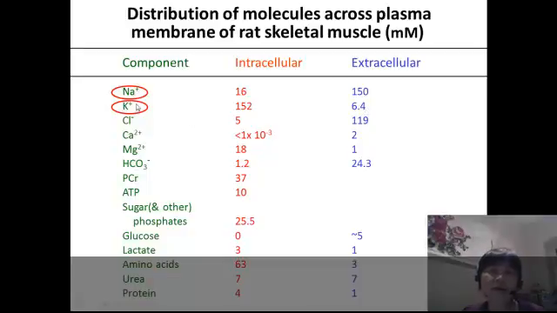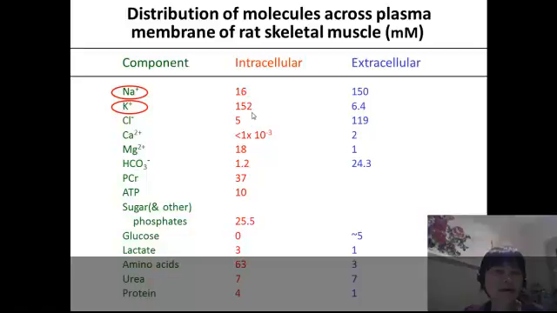And why did we highlight these two types of ions? Because these are the crucial ones for action potential to be produced. You're going to learn action potential in semester B. Here, when an action potential happens, the sodium channels open and sodium ions rush into the cell from higher concentration to lower concentration.